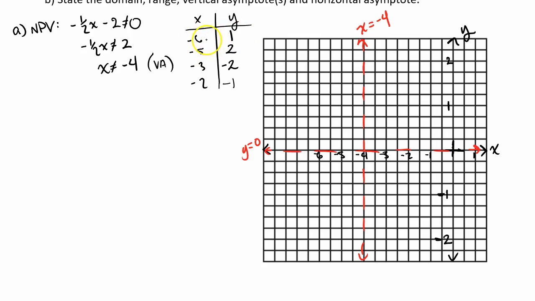From here, I can plot my points, -6 and 1, -5 and 2. So again, I'm getting that sense of what my graph might look like. -3 and -2, -2 and -1, and that same general shape, the general curve that's eventually going to get to my asymptote. There we go.